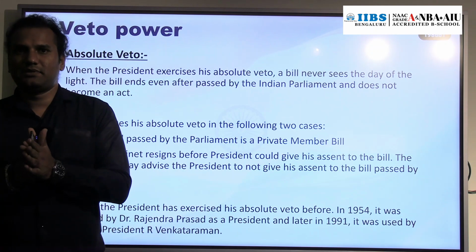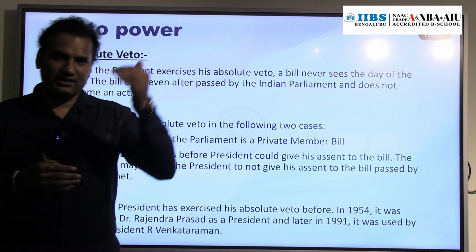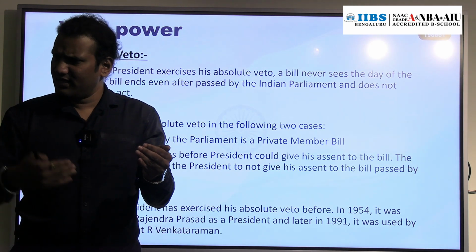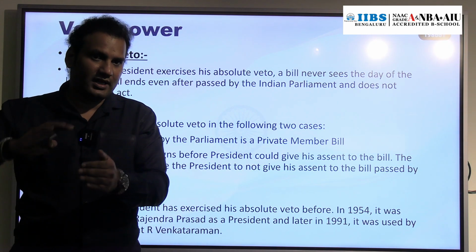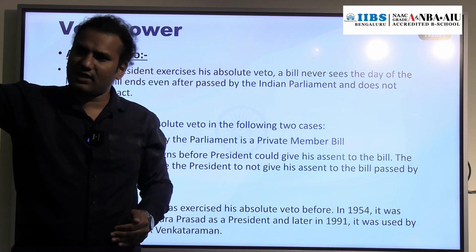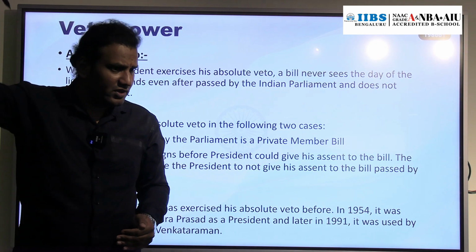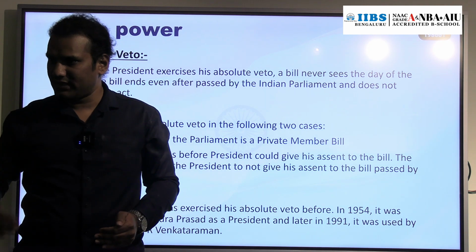Now take an example. What is the procedure of legislation in India? First a bill has to be introduced in one house, then discussed, then voted. Once the bill is passed in the first house, it is sent to another house, where it has to be introduced, discussed and passed.